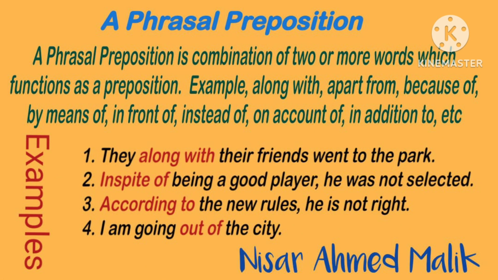A phrasal preposition is a combination of two or more words which functions as a preposition. Examples: along with, apart from, because of, by means of, in front of, instead of, on account of, in addition to. Some sentences are: 1. They along with their friends went to the park. 2.